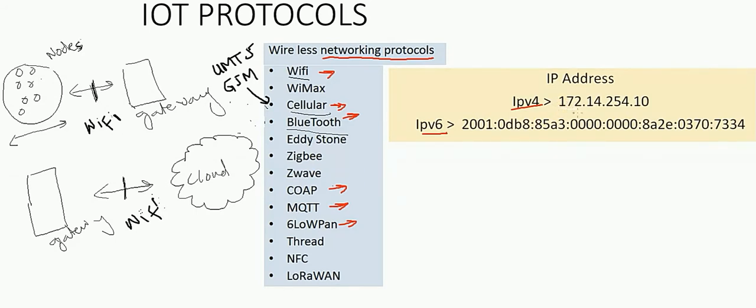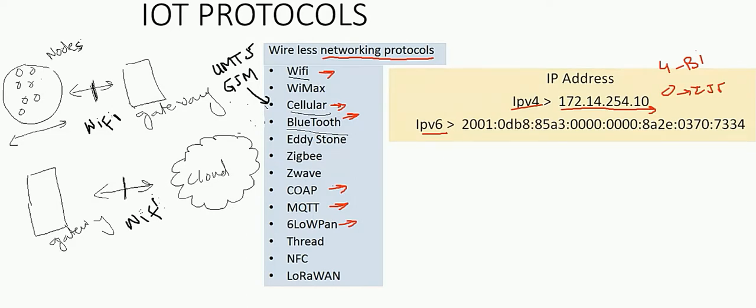IPv4 is actually a group of four numbers ranging from 0 to 255, separated by a dot, just like the traditional IP addresses that we have seen, but they have a very limited range. Just 4 billion IP addresses exist in the world in this IPv4 format. So that's why we came up with a new standard, which is IPv6.